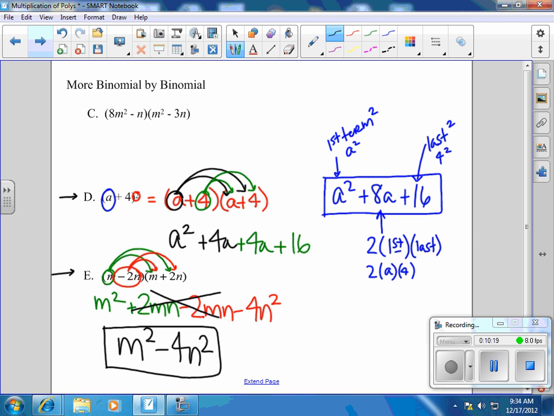So something else to notice, if you have the same terms, but one's positive, one's negative, like we did back up here, your middle term should always cancel out. Your first number here should be your first term squared, and this should be your last term squared. And this should always be negative.